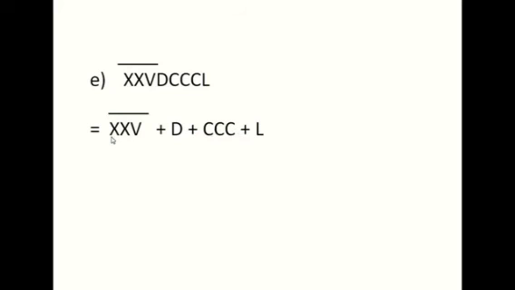So think of the Hindu-Arabic value. X means 10, another 10 plus V. So 10 plus 10 plus 5 gives you 25. On the top the bar shows 1000, so it is 25,000. D represents how much? 500. C, so 100 plus 100 plus 100. L for 50.